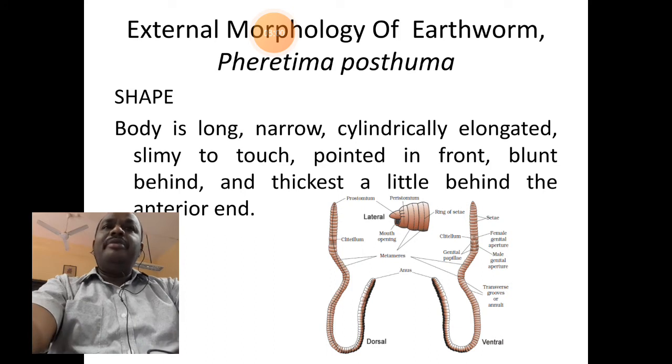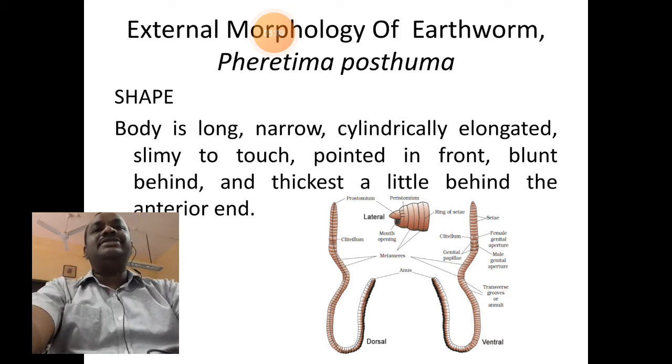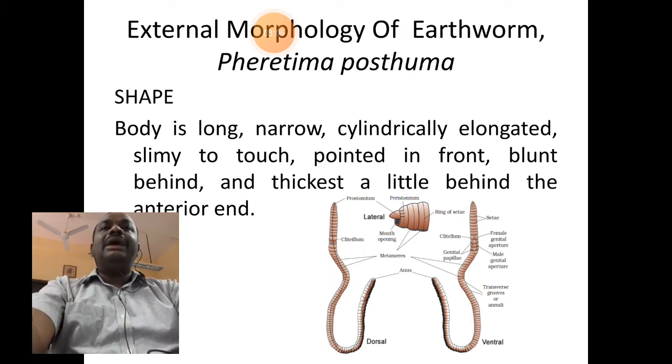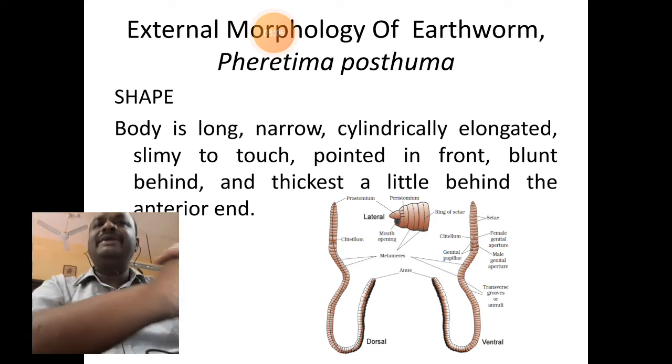Students, morphology or external features refers to the outward appearance, or the visible characters to us when we see an organism.